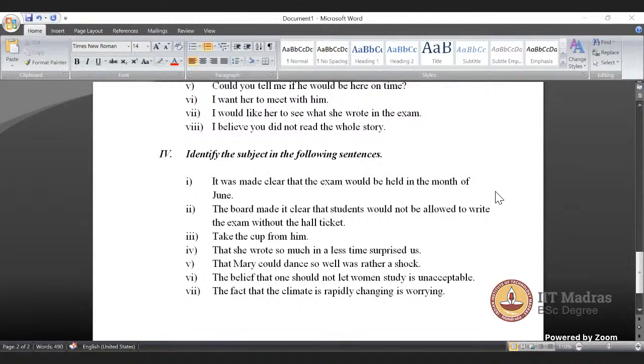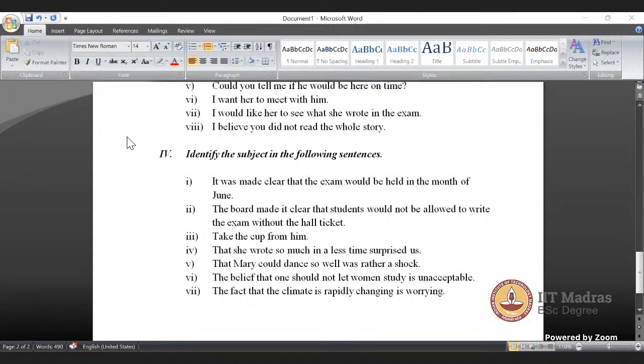So since this is a that clause, and you cannot extract elements out of that independently, that whole full chunk becomes your subject, from "that" till "less time". Even if you look at the structure itself, you have the subject, which is that she wrote so much in a less time, and then you have surprised, which is the main verb of your sentence, and then you have us, which is the object. Don't you see the structure? Subject, verb, object.